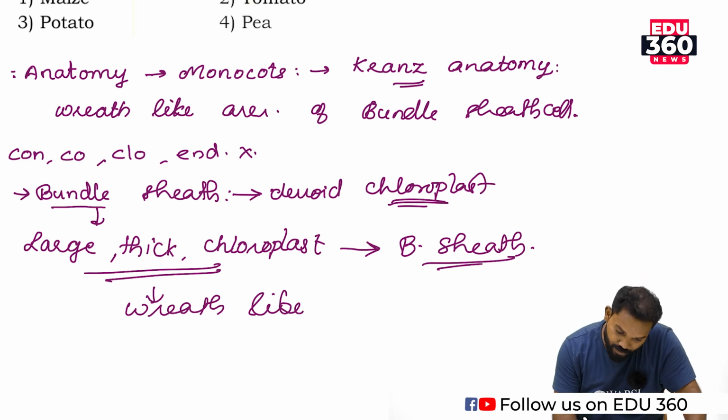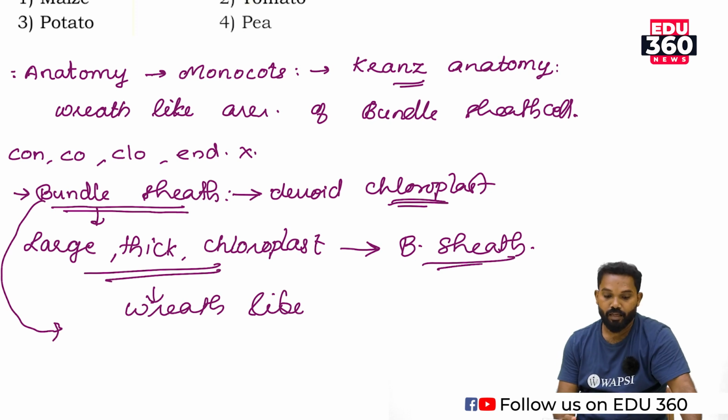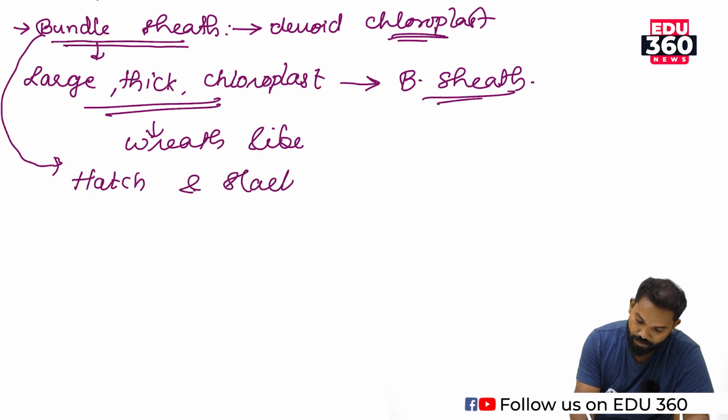The presence of these bundle sheath cells helps in a special pathway, that is the Hatch and Slack pathway.